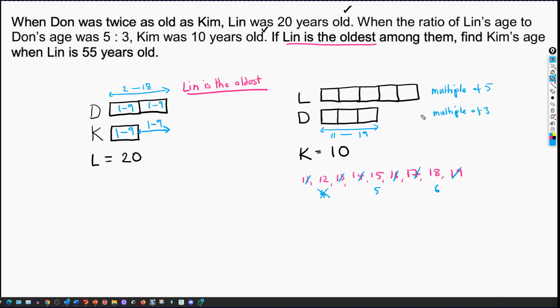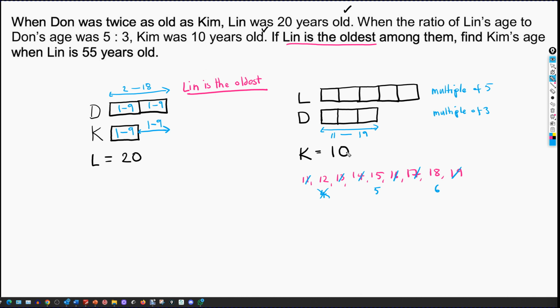Well, in trying to figure out which of these might be true, what told us is realizing that if Kim is 10 here, I mean, we realized that this was later than this scenario, but how much later? Well, Kim is between 1 and 9 here.